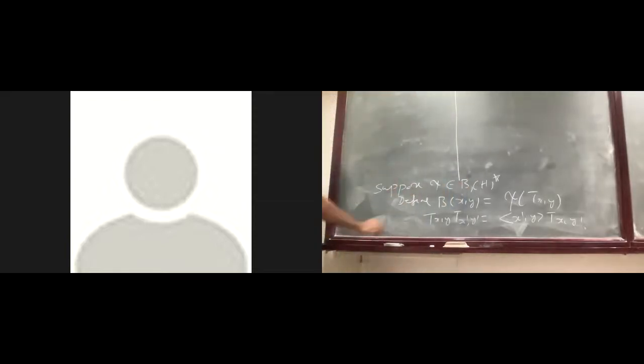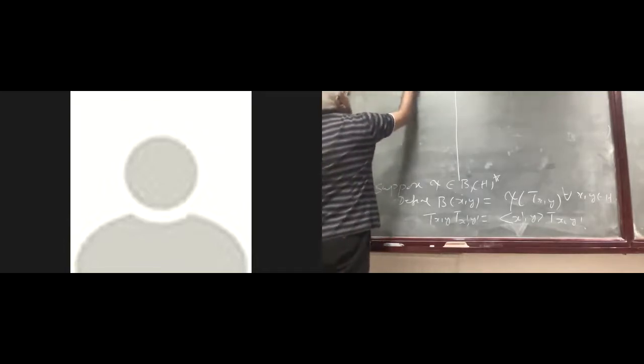So we have defined this for all x, y in H. We want to prove that this is a bounded sesquilinear form. So if you take the modulus of P(x, y), that is equal to the modulus of chi of T_xy.